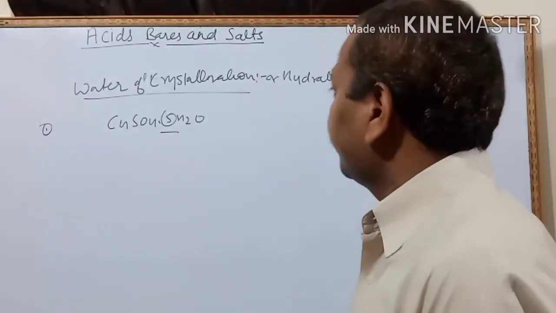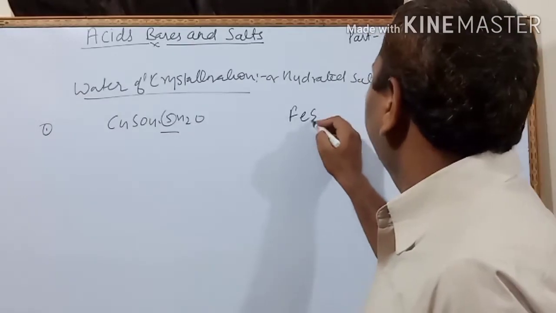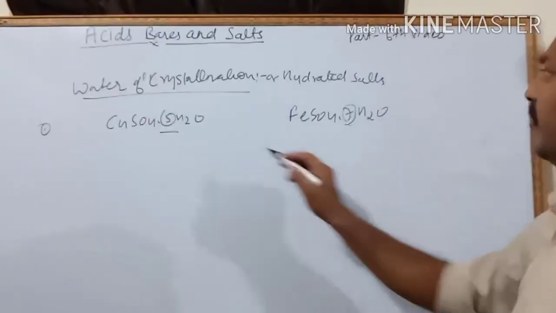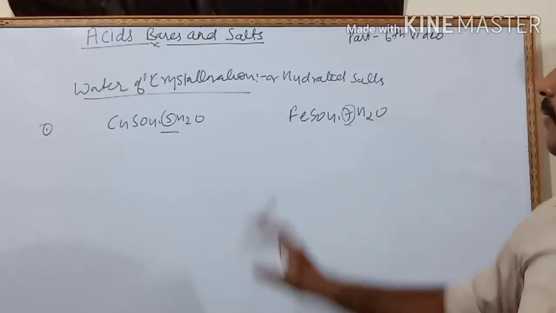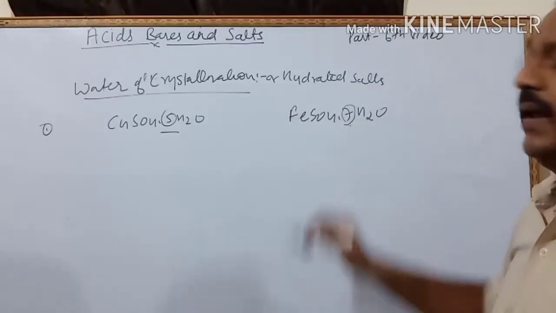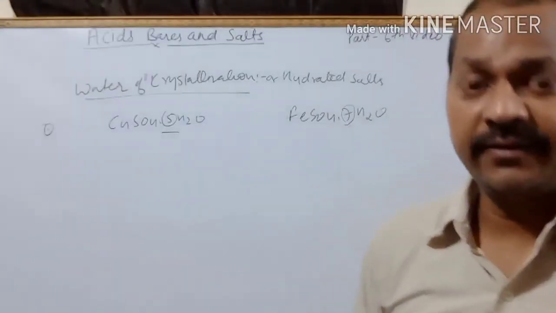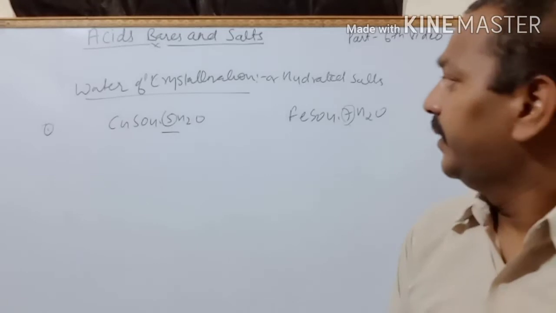So they have a fixed number. Now FeSO4·7H2O, the fixed number of water molecules is there. One formula unit contains a fixed number of water molecules. This is known as water of crystallization. So very simple.